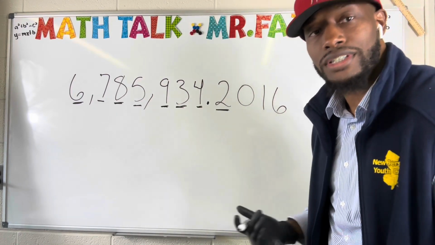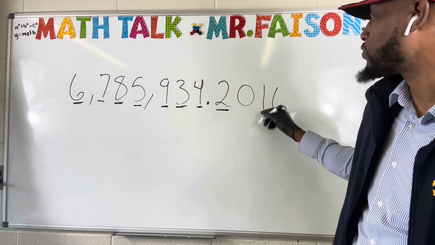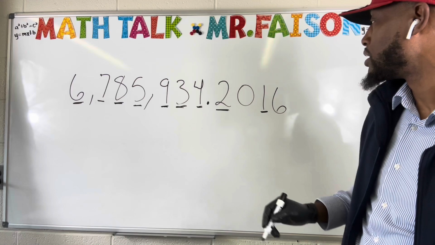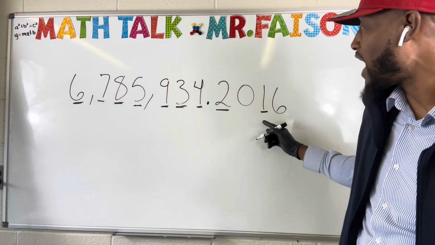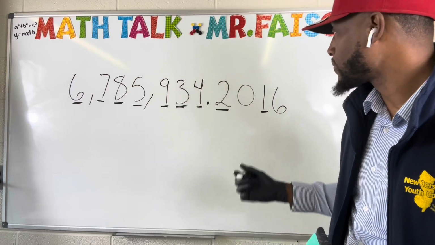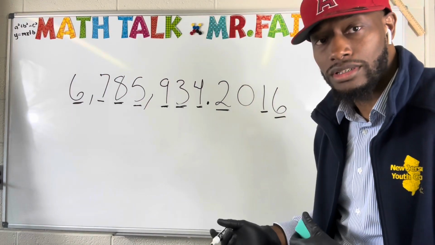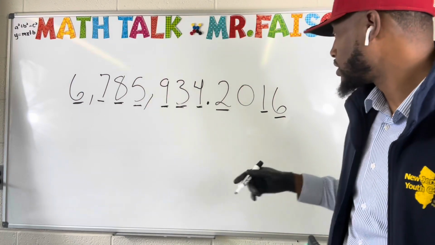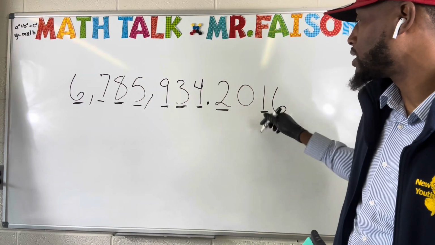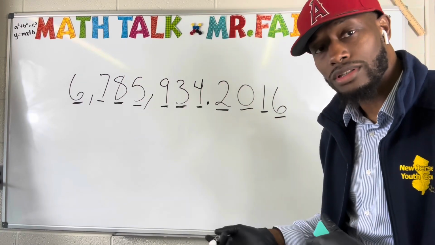That's going to be tenths. Now, I'm going to go right here. This 1 is thousandths, with a TH. The 6 is ten-thousandths. And the 0 would be hundredths with a TH.